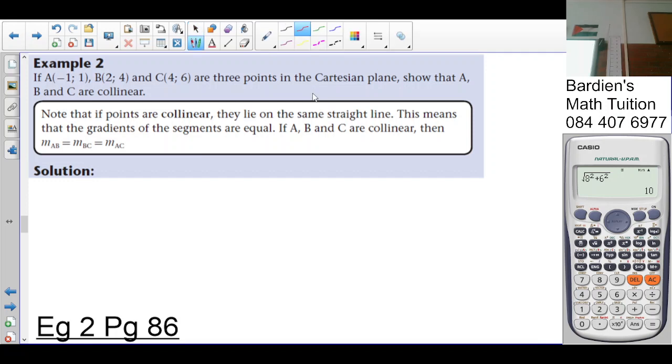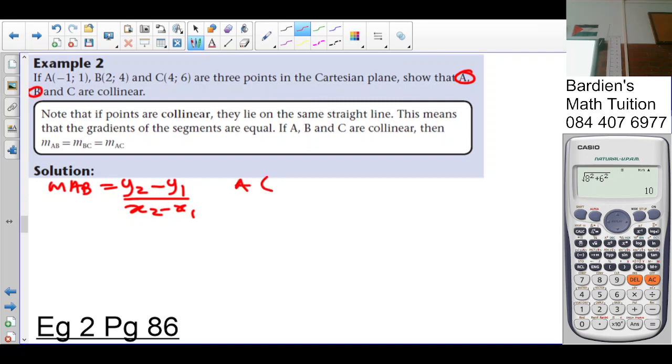So we work out the gradient of AB and AC, or BC. You just work out 2 of the 3 gradients. If the 2 are equal, the third one automatically has to be. You guys understand? So the gradient of AB is y2 minus y1 over x2 minus x1.